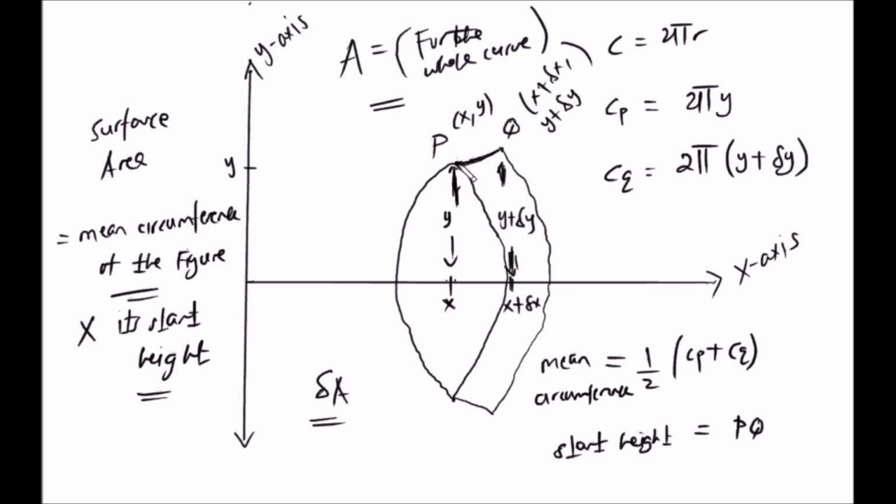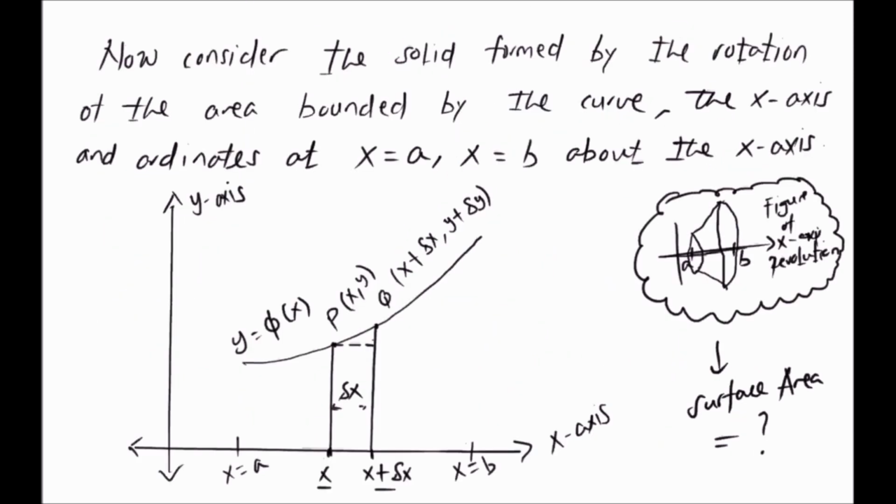So huu urefu wa PQ ni kama urefu wa ile curve kutoka P mpaka Q. So tunaupataje? Rudi kwenye huu mchoro wa hii curve. Umeona hapa nimechora horizontal line, tukaite M. Unaona hapa kumejitokeza shape kama hii ambayo ni PQM.